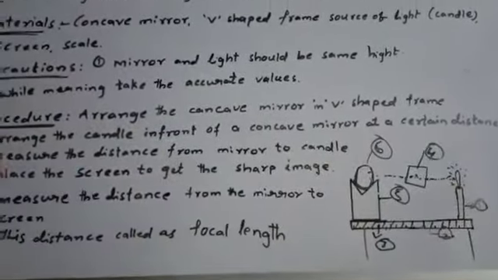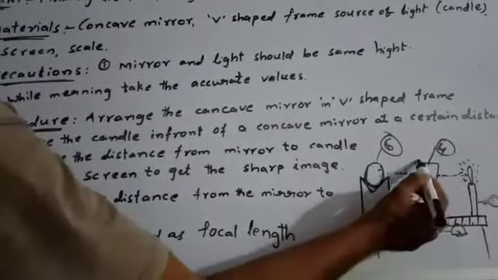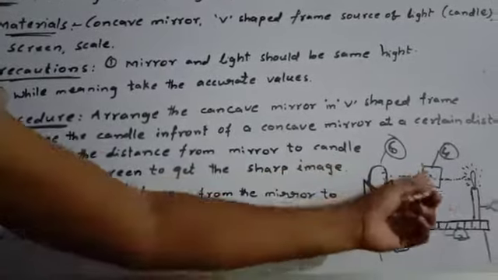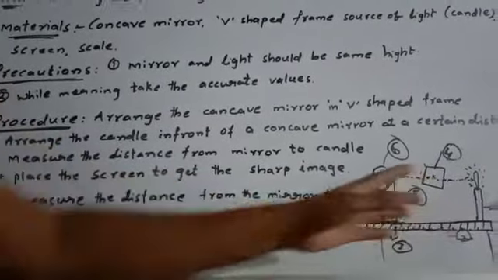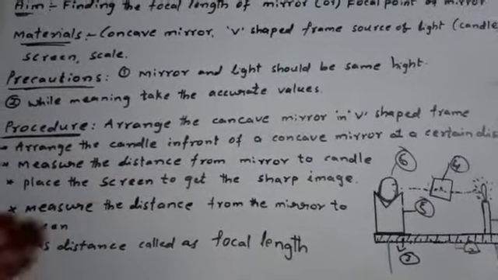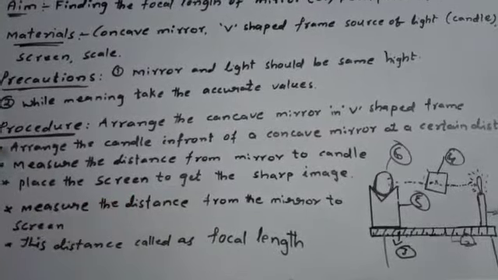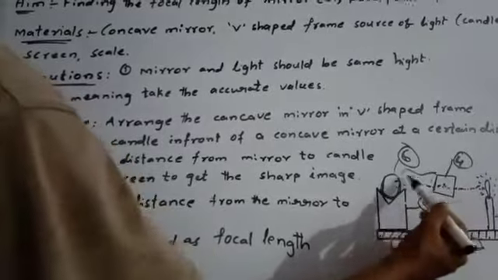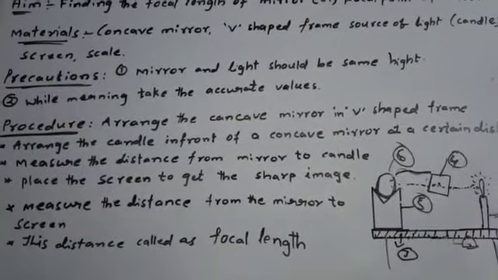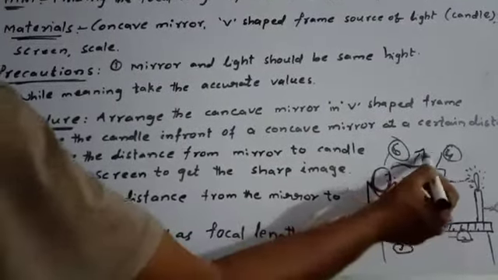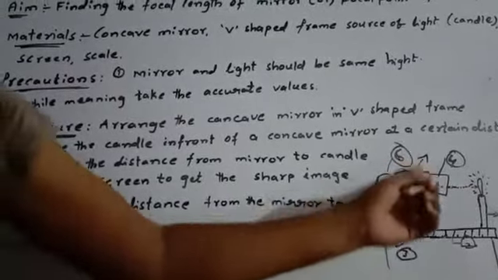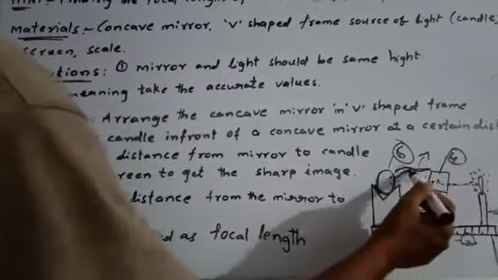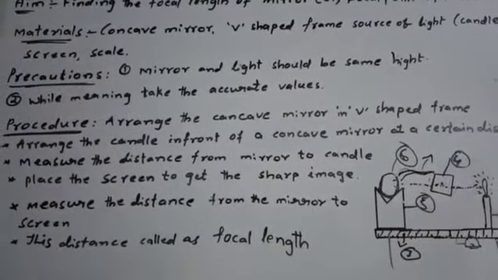Place the screen to get a sharp image. Measure the distance from the mirror to the screen. This distance is called focal length or focal point.